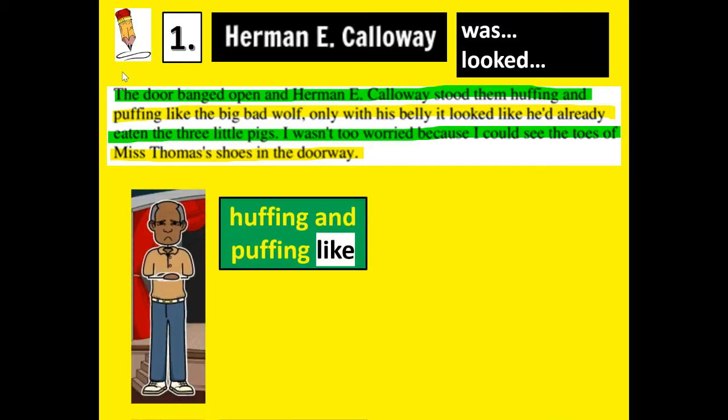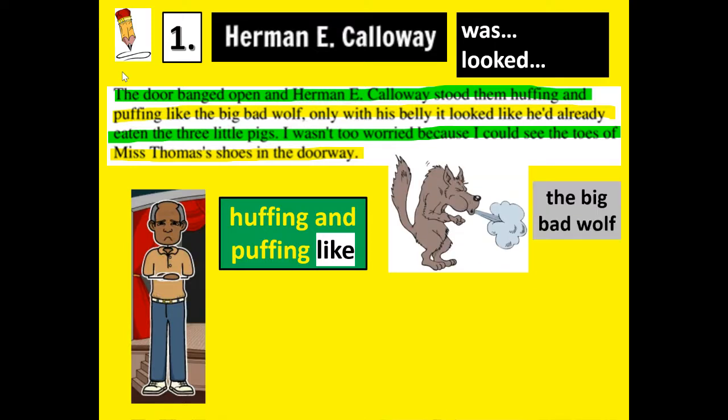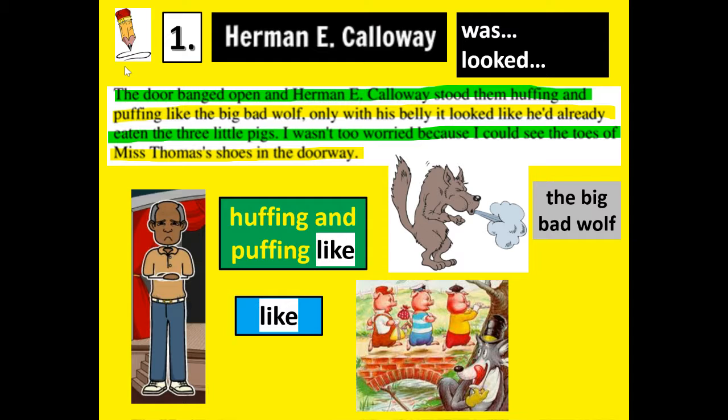So Herman E. Calloway was huffing and puffing like the big bad wolf. So you can choose to write that. And then Herman E. Calloway was like the big bad wolf, looked like he had eaten the three little pigs because of his big belly.